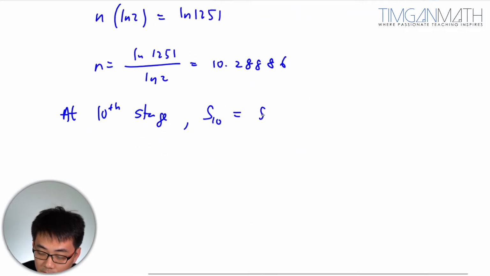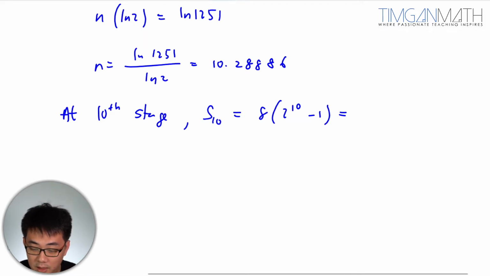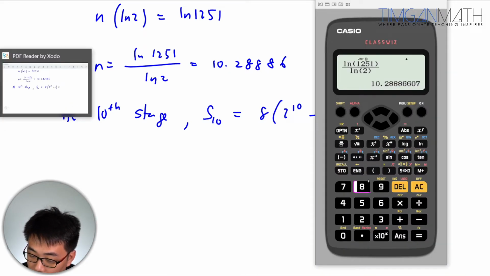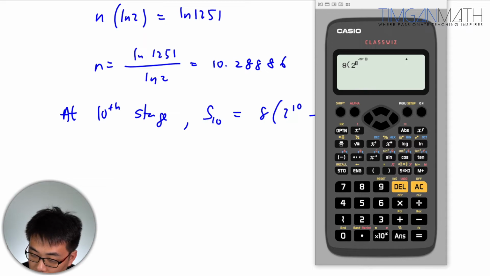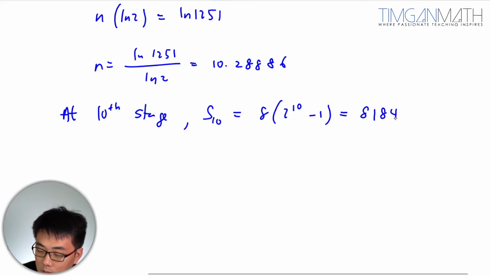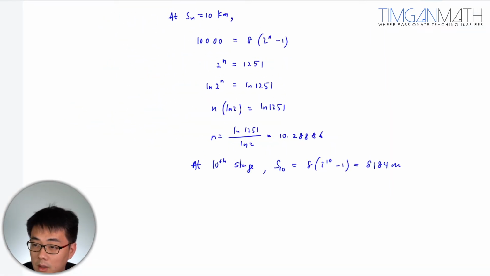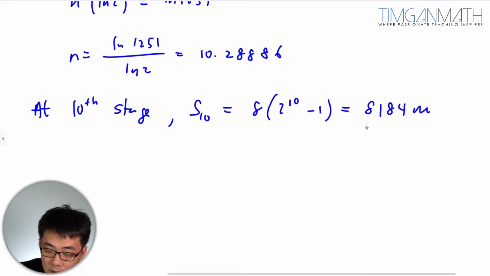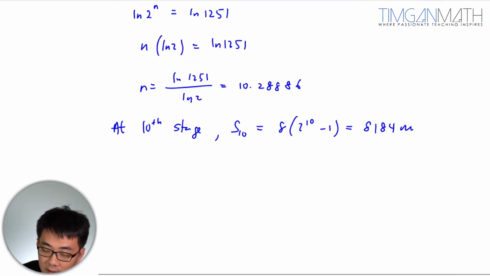So 8 times 2 to the power 10, minus 1. Key in the calculator: 8 multiplied by 2 to the power 10 minus 1, and that gives 8184 meters. Meaning at the 10th stage we are done, so this is now the 11th stage.